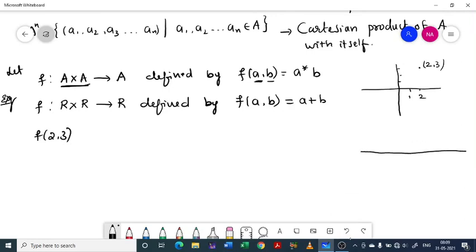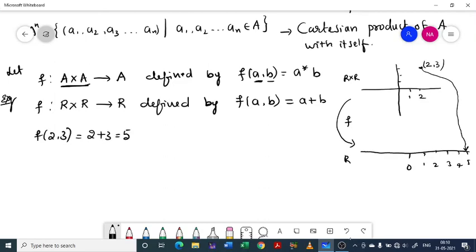So you have a mapping between these two, from R cross R to R. This element (2, 3) is mapped onto this entry 5. So f(2, 3) is equal to 2 plus 3 equal to 5. So the element (2, 3) of R square is mapped onto 5.